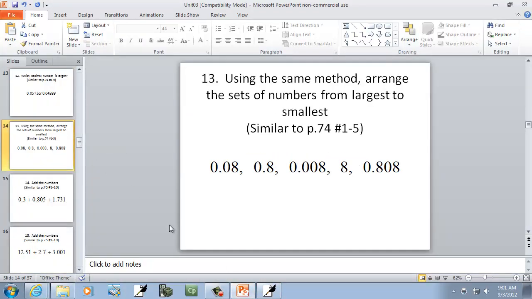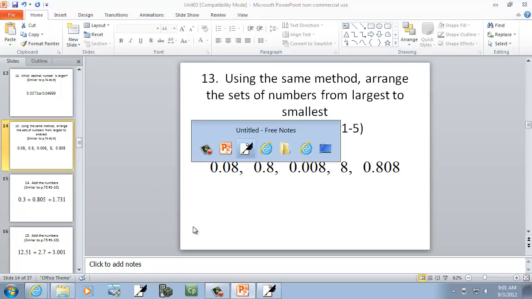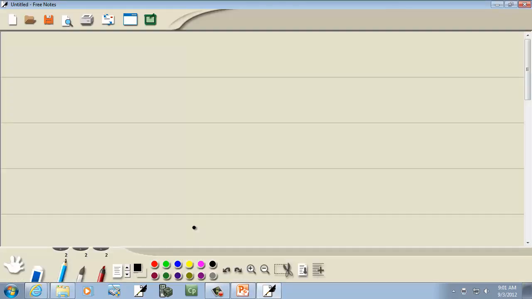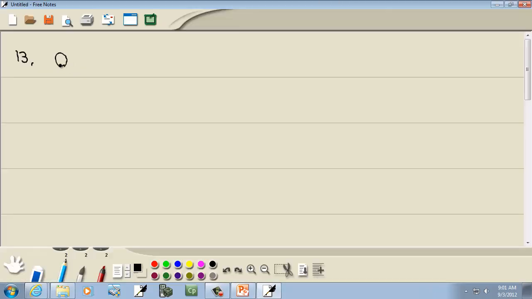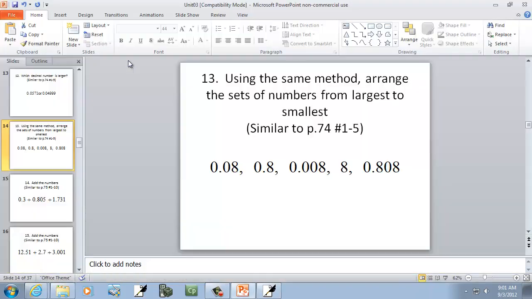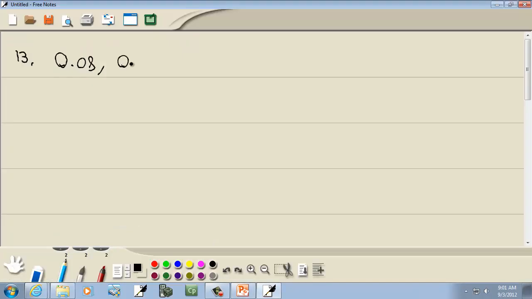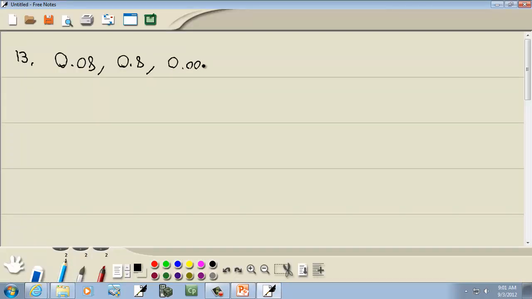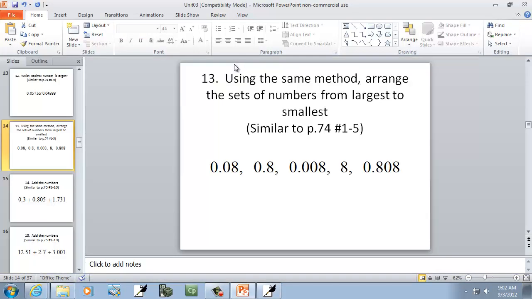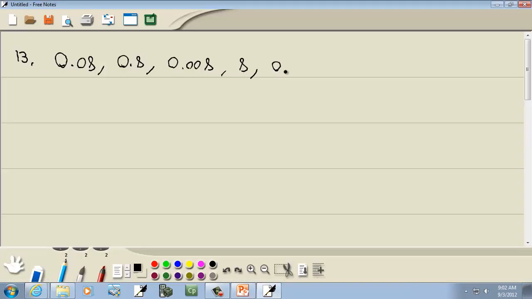Okay, let's look at another one with comparison. Got 0.08, 0.8, 0.008, 8, and then 0.808.